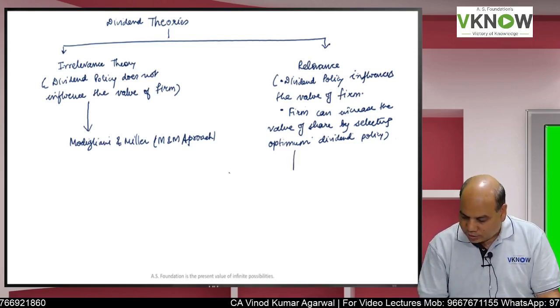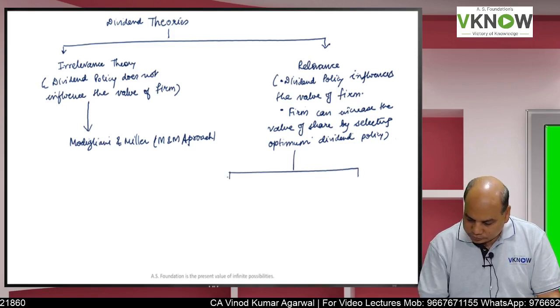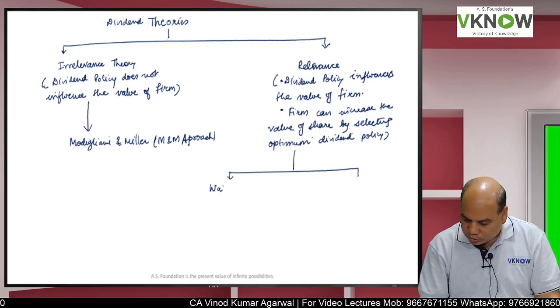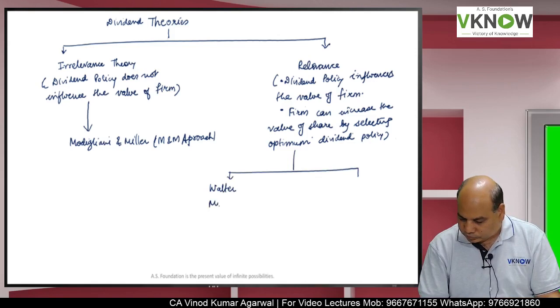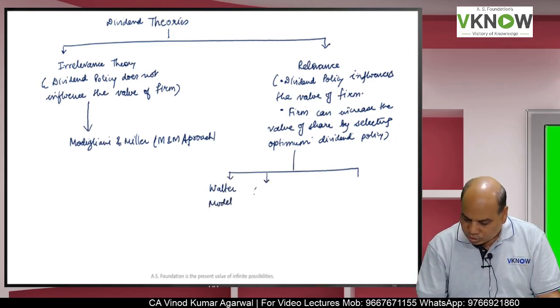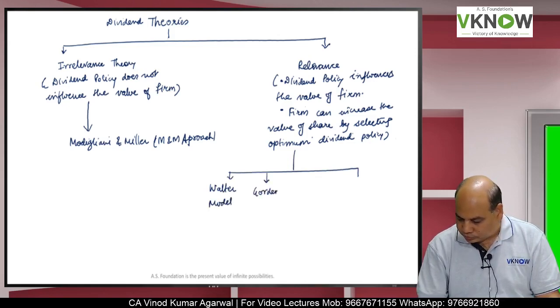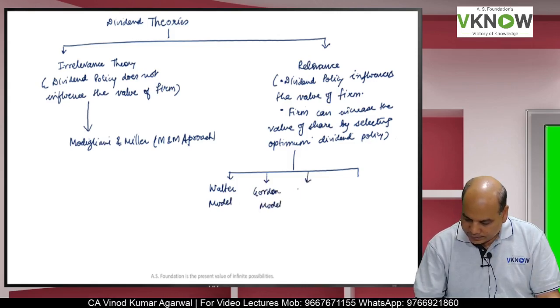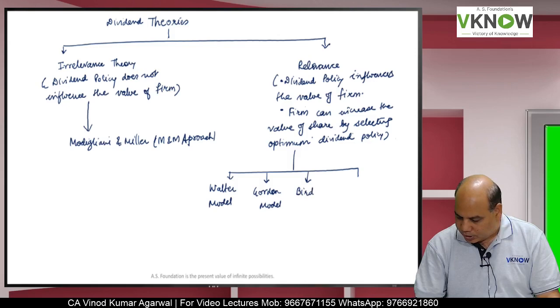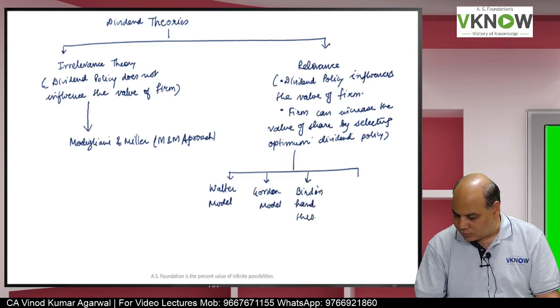And under relevance theory, we have Walter model, Gordon model, bird in hand theory, which is also given by Gordon only.